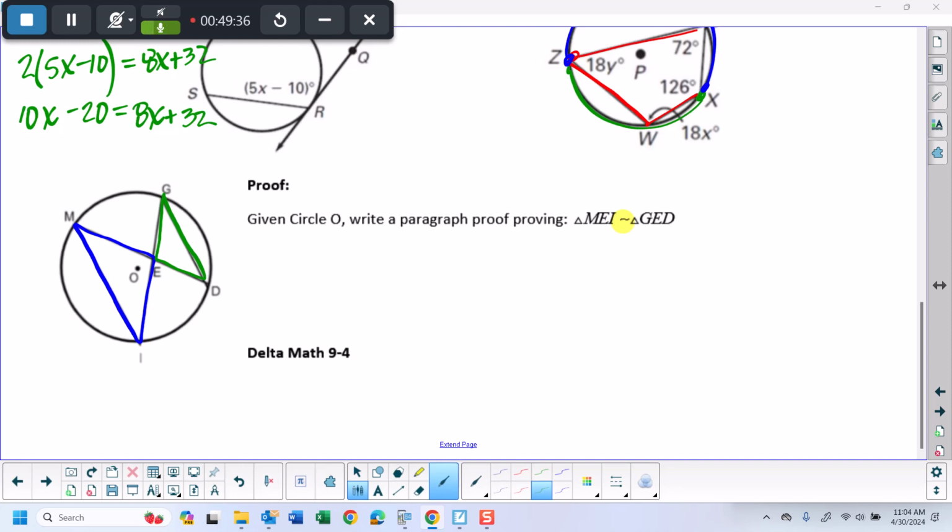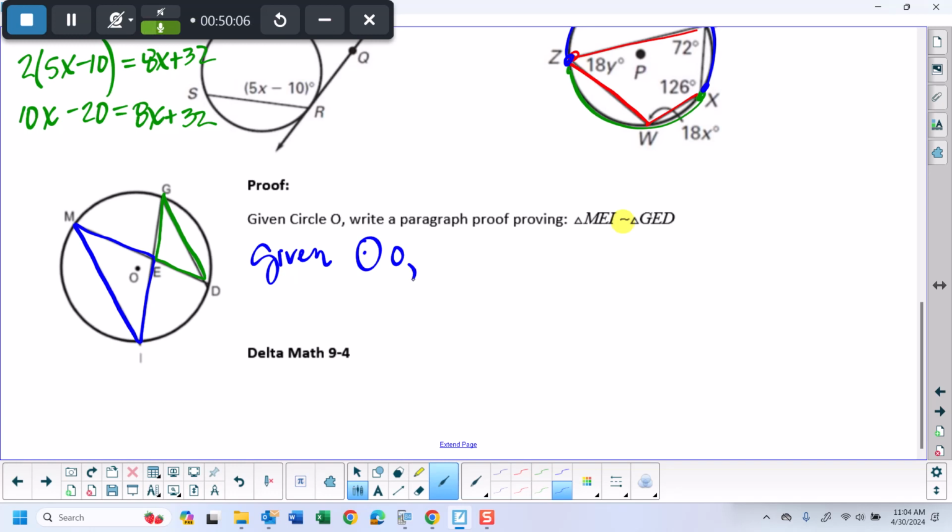All right, what do you tell me that you see that you know? Given circle O, write a paragraph proof. So we'll go ahead and start our paragraph proof. Given circle O, what do you know? Name something that you know. Angle I and D. So angle I and D are congruent.